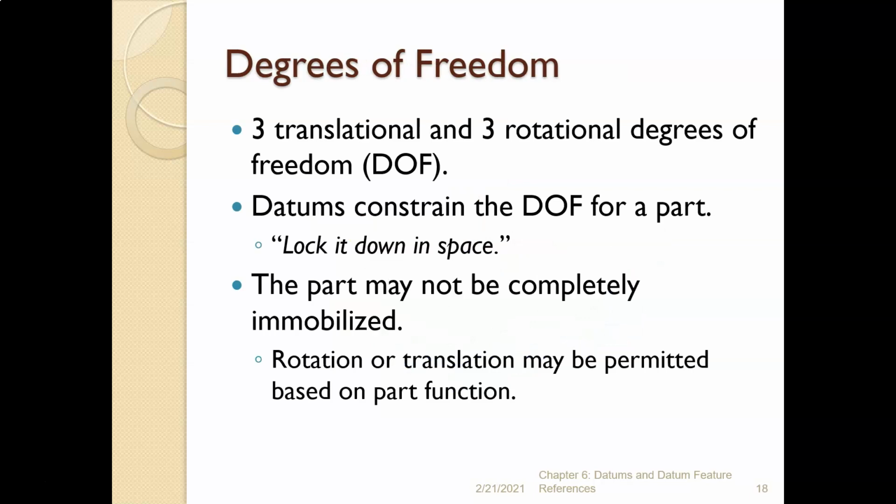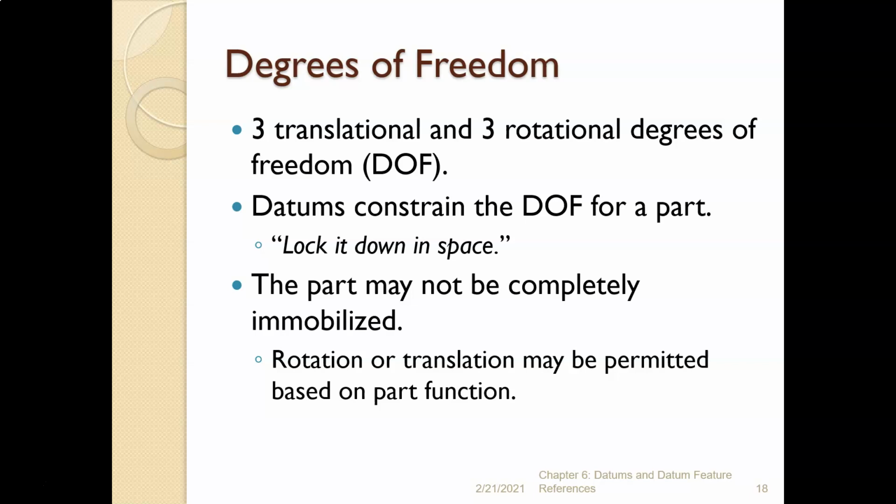All right. So let's look a little more at the datum reference frame and talk about degrees of freedom. In three-dimensional space, we have three translational and three rotational degrees of freedom.